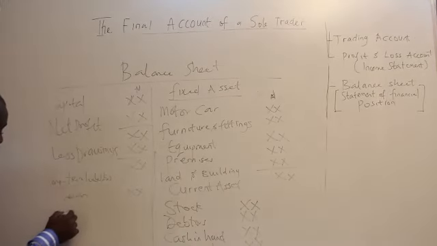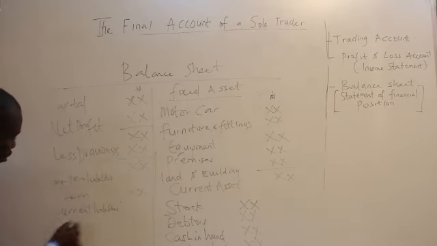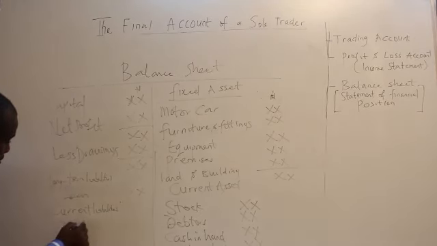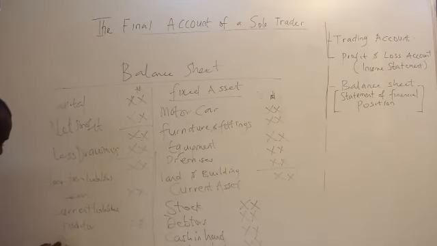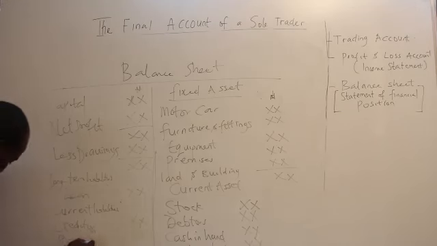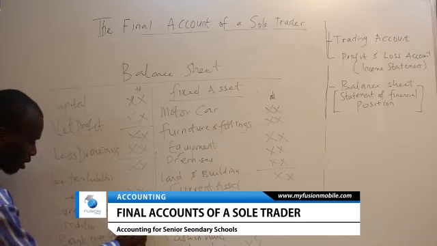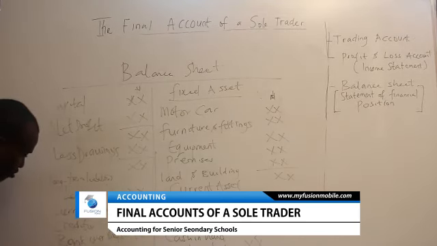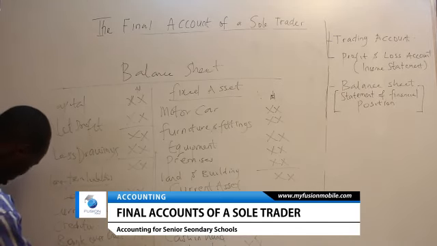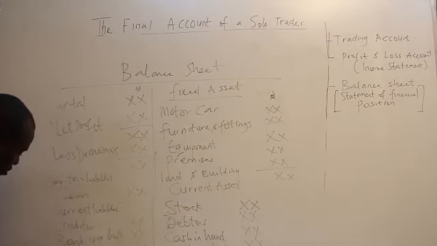So we can have our current liabilities, and that includes creditors, bank overdraft, and accruals, that is, expenses accrued. Any form of expenses accrued during the period. Okay, that includes bills payable.